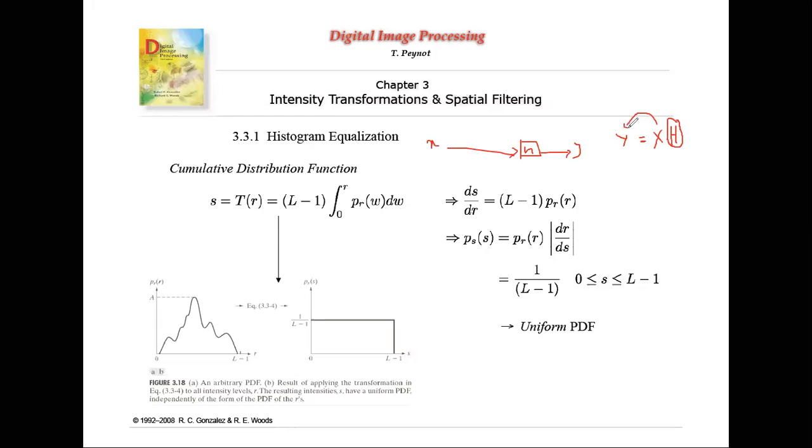Unfortunately, it is not so. So to nullify the effect, I need to pass Y through one more block, which has a response of 1 divided by capital H, not small h, the Fourier transform. If you do so, then you will be able to get the original thing back.